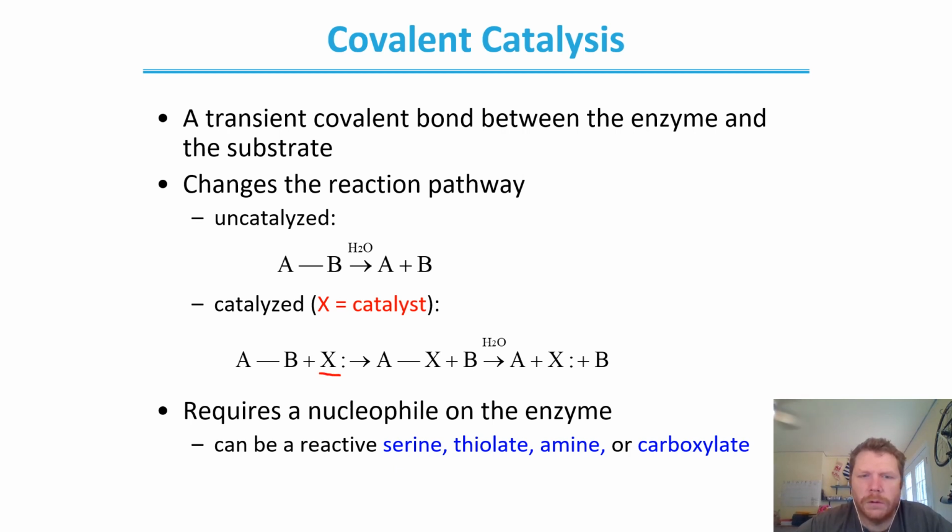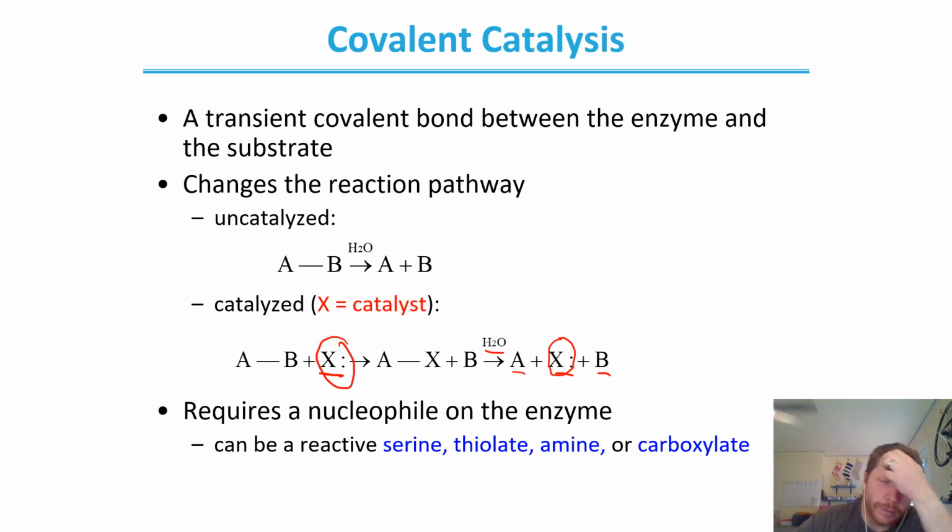Then we have our biological catalyst, X, and what's going to happen here is A is going to become bound to X, and B is going to be released, and then with the help of water, we're going to form A independent, X independent, and B independent. It's important that you look at your X as being the same as when you started the reaction.